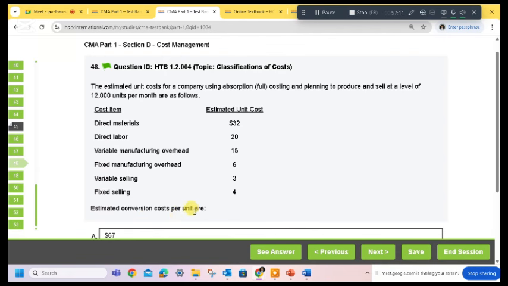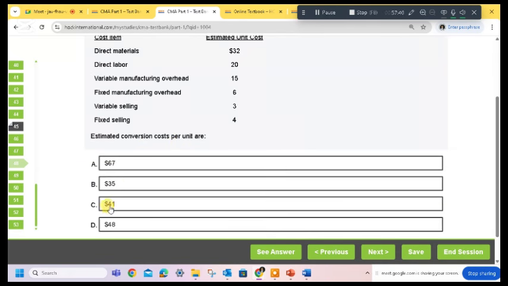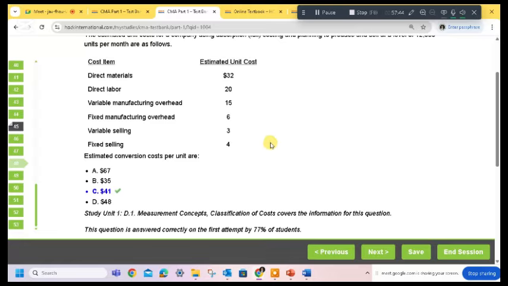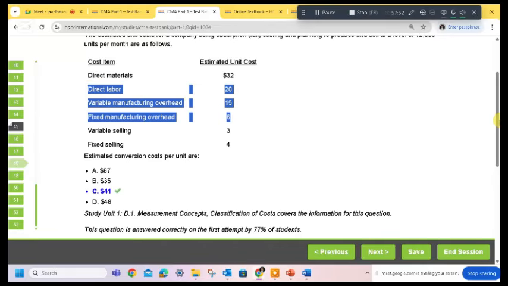Estimated conversion cost per unit are? Correct. How come 41? Conversion means labor and manufacturing overhead. So direct labor and manufacturing overhead means these three items. Direct labor is 20, manufacturing overhead means these two, 15 and 6, 21. 20 and 21, 41.